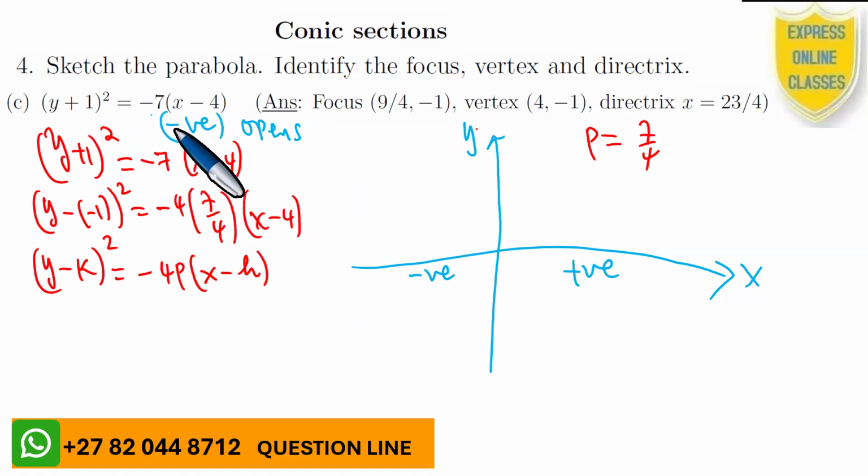We're saying that it's minus 7x, so x is negative.